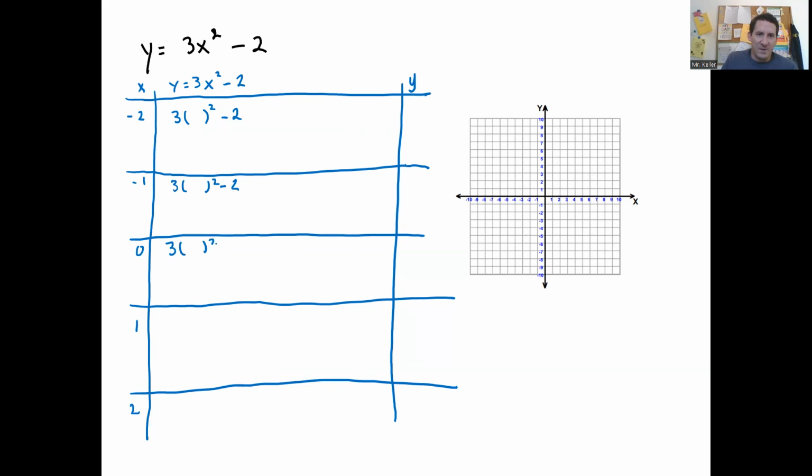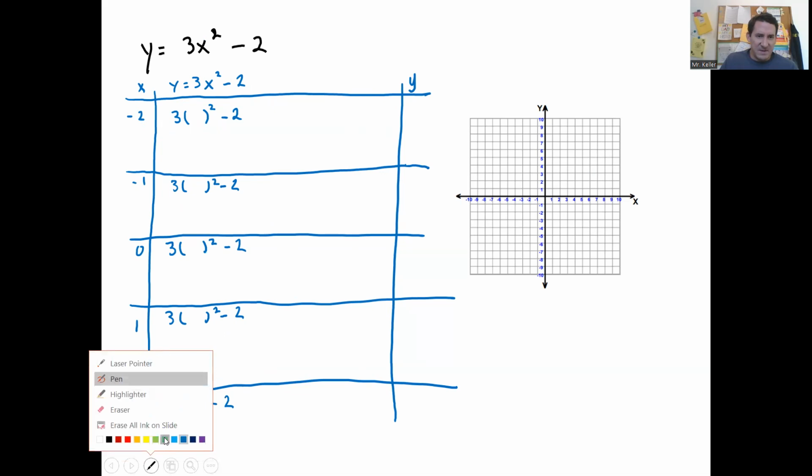Again, the reason why I do this all first is because I find I make less mistakes, because it's a lot of just tedious work calculating each out, and I just make less mistakes if I do it this way. So then in the parentheses, I'm going to put our x values. And you know what, this time I'm going to put those x values in a different color.